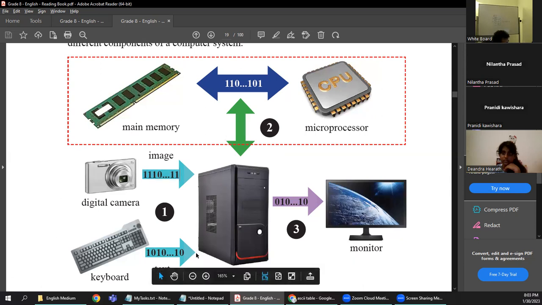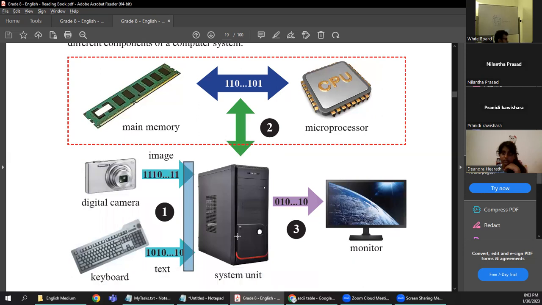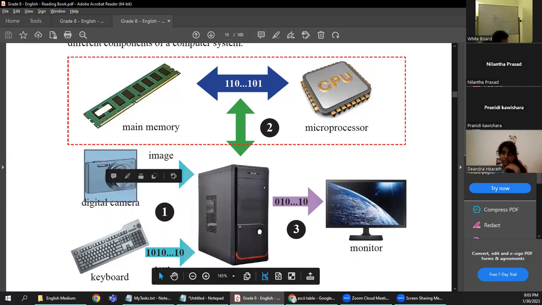These are the input devices, right? They are used to capture data from different sources. For example, a digital camera captures images, and with the keyboard we type something and send it to the computer.